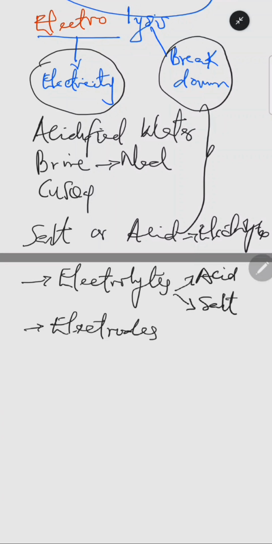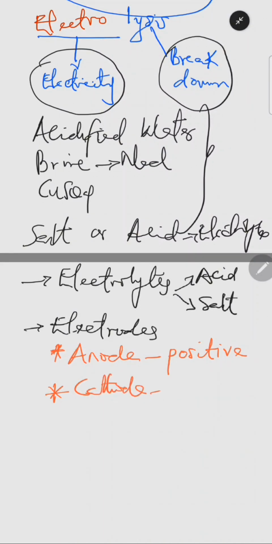Electrodes are metallic conductors. They will help us transport electricity from our source into the electrolyte. We have the first electrode that is referred to as anode, which is the positive electrode, and the second one, which is referred to as cathode, which is the negative electrode.